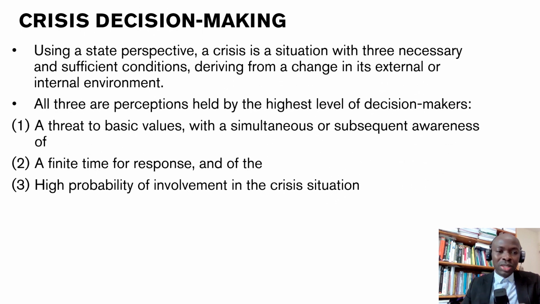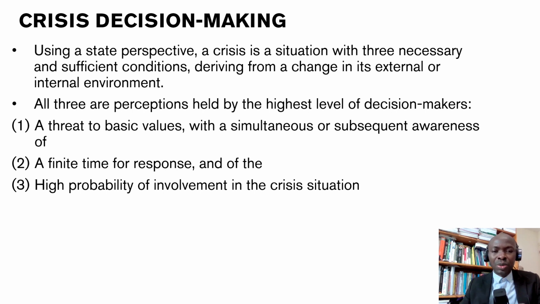So what we need to understand is that if you take a very state perspective to crisis situations, you know that a crisis is more of a situation with three necessary and sufficient conditions from a change maybe in the organization's internal or external environment. These conditions will determine the type of reaction that decision makers within the organization are more likely to face. So you're looking at, number one, a threat to basic values.